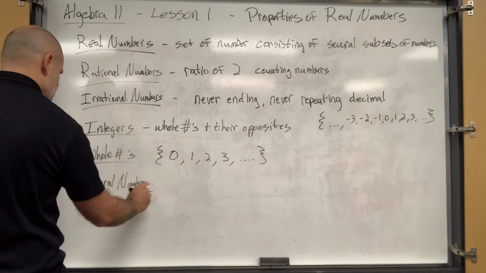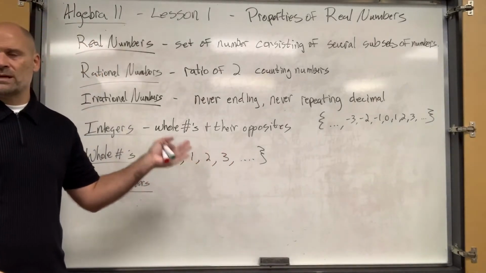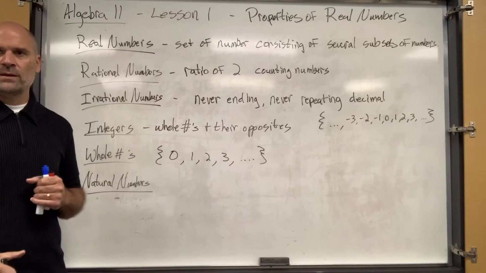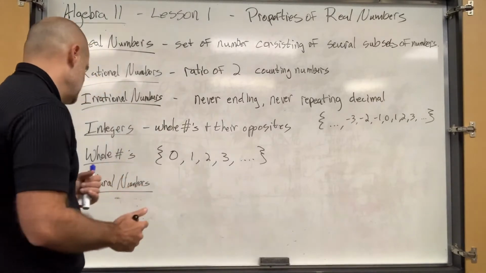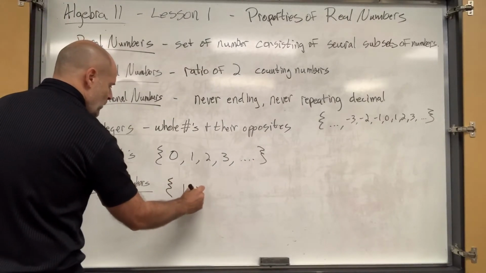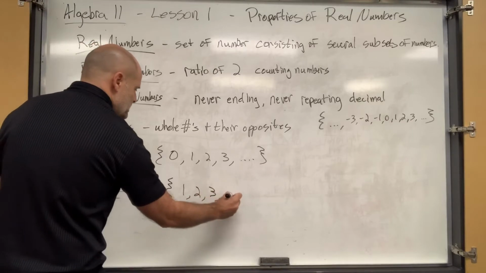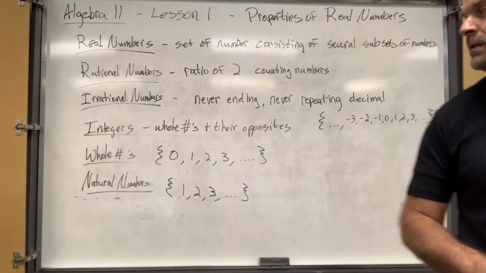But see how these guys, see, all the whole numbers are still integers, right? Integers are not just negative numbers. They're all positive numbers in their opposites, all positive whole numbers in their opposites. Natural numbers are just like whole numbers, but without the whole, without the 0. It's a good way to remember what whole numbers are that have a hole in it, 0.